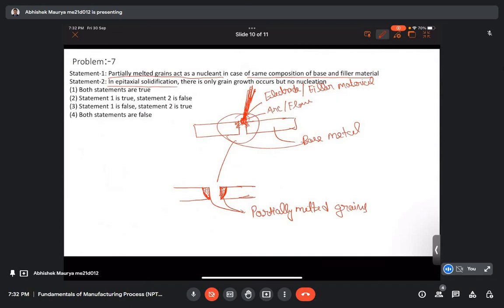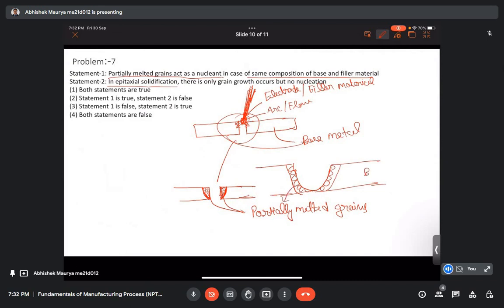And if we try to look a little bit bigger, it is like this. Here these are the regions where the grains are melting partially.